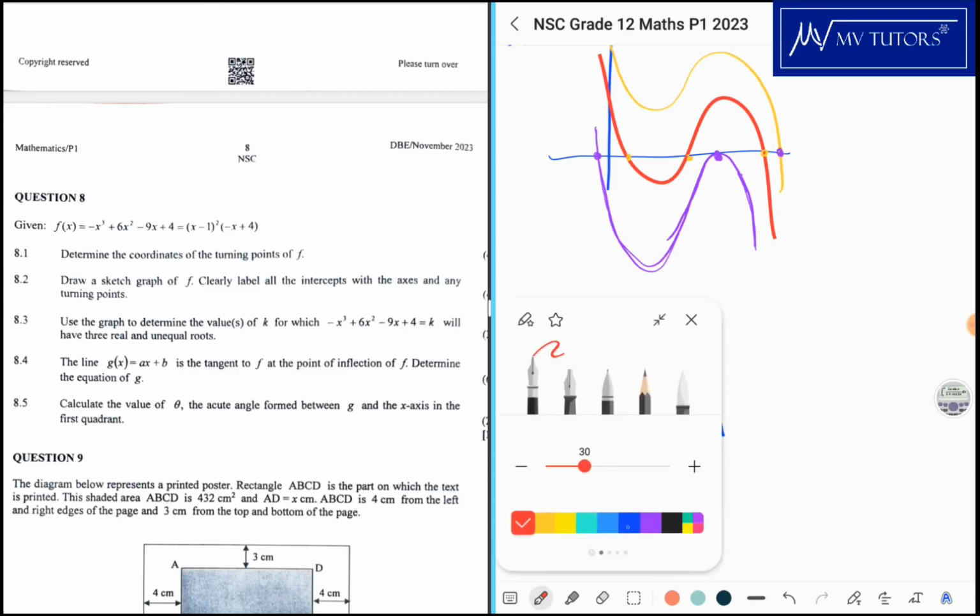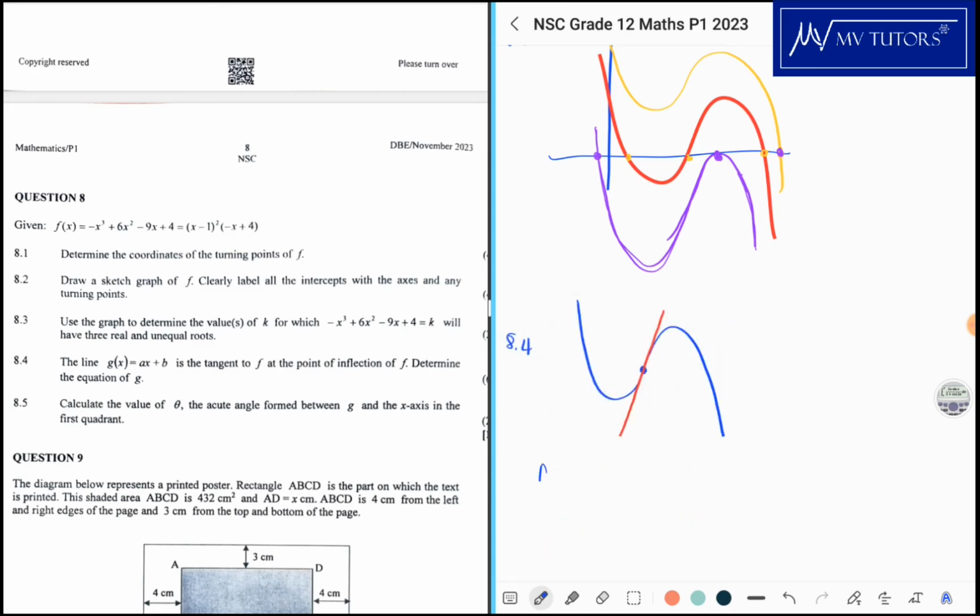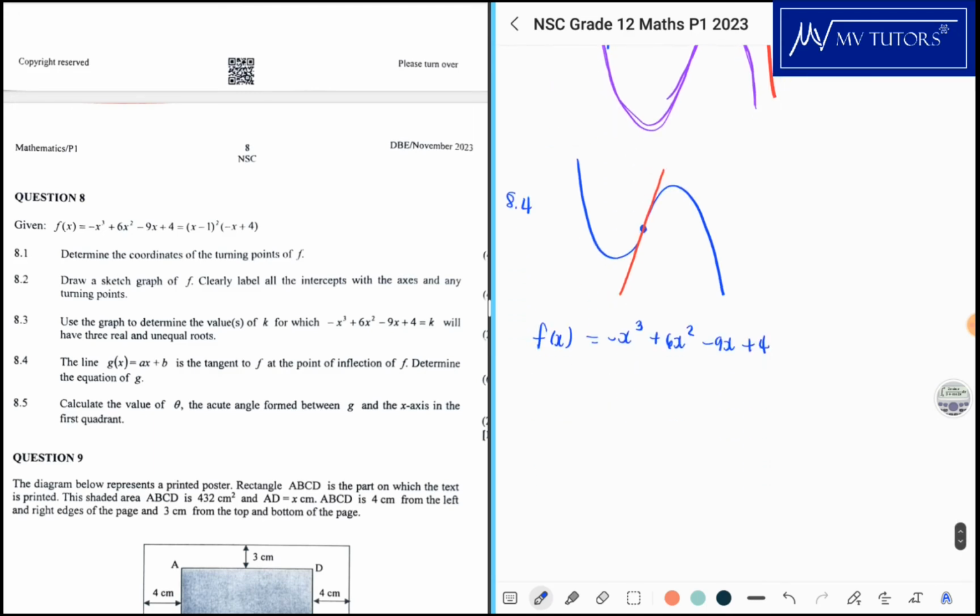So remember, the equation of f of x is negative x cubed plus 6x squared minus 9x plus 4. Whenever they speak about the point of inflection, what we're looking at is the second derivative. So let's remind ourselves, what is the first derivative again?